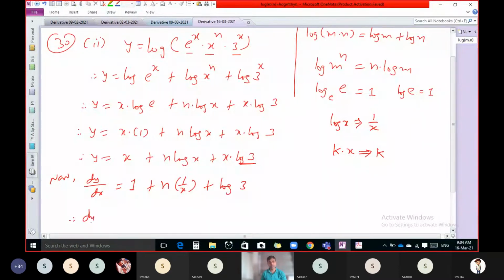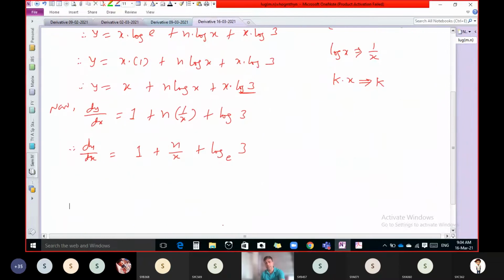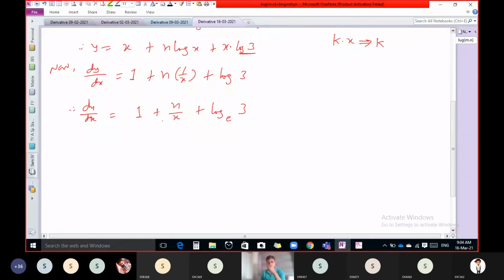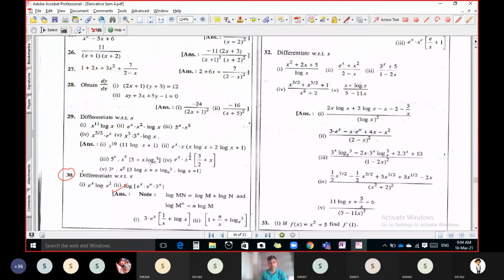So our final answer is dy by dx equals 1 plus n upon x plus log 3, and here we always have to consider base e. So my final answer is 1 plus n upon x plus log 3 base e.